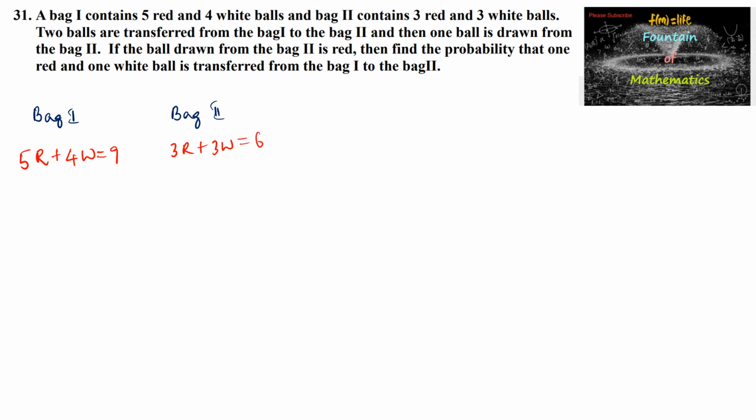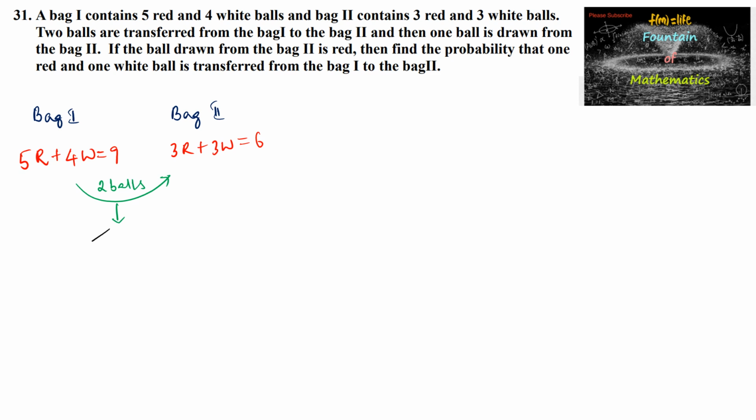And now 2 balls are transferred from bag 1 to bag 2, and then 1 ball is drawn from bag 2. So when 2 balls are transferred, then bag 2 has 3 possibilities.